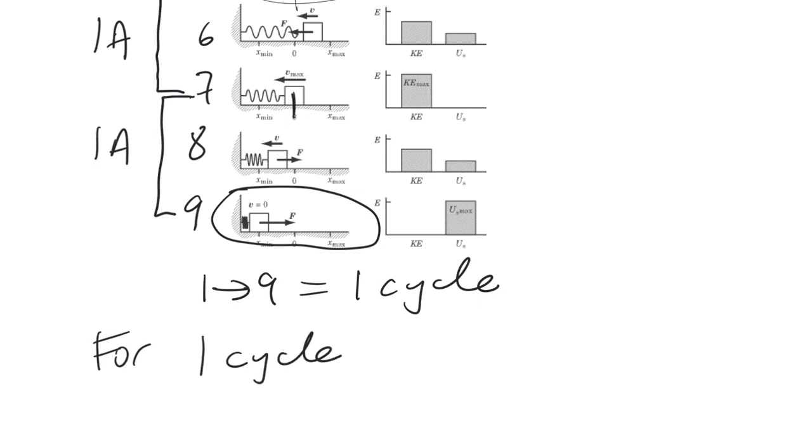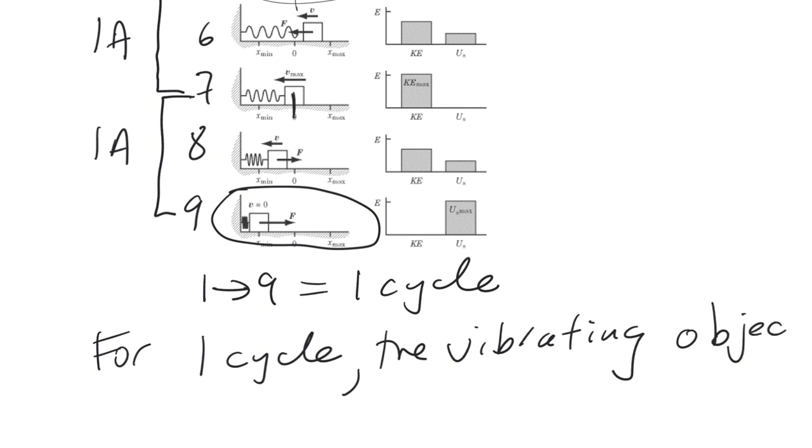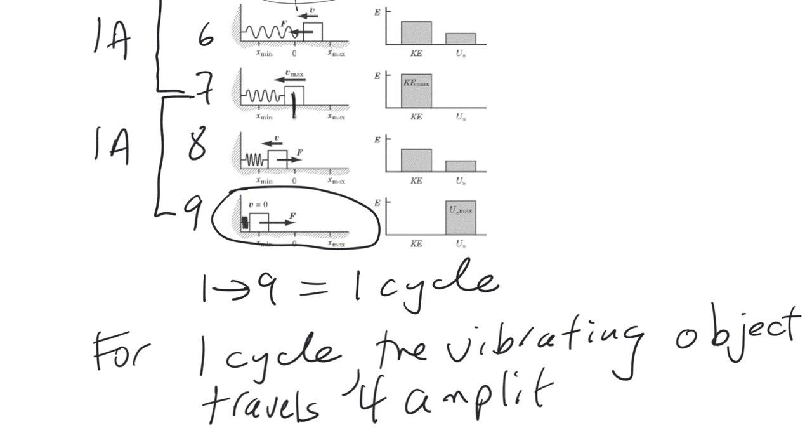For one cycle, the vibrating object, or the object in simple harmonic motion, travels 4 amplitudes. That's an important concept. I ask that, and people forget about that all the time.